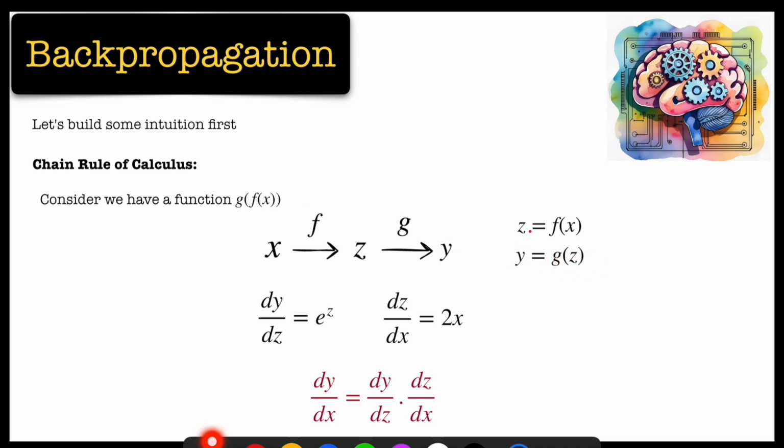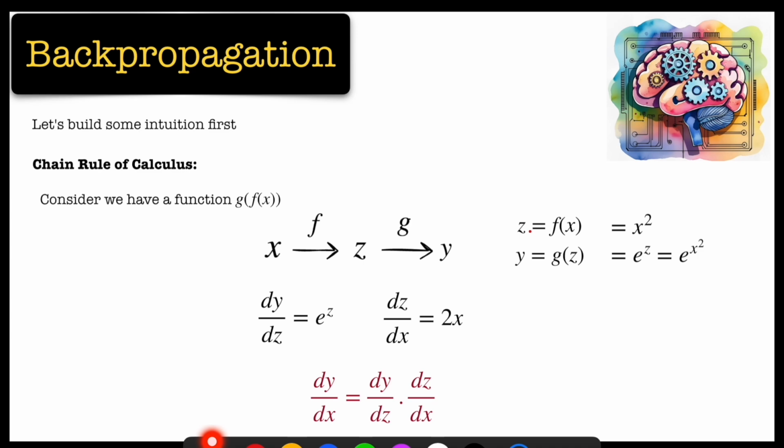This is the function from x to z. Let's say z is f of x, which is x square, and y is g of z, which is e power z. Z is x square, so y is e power x square.